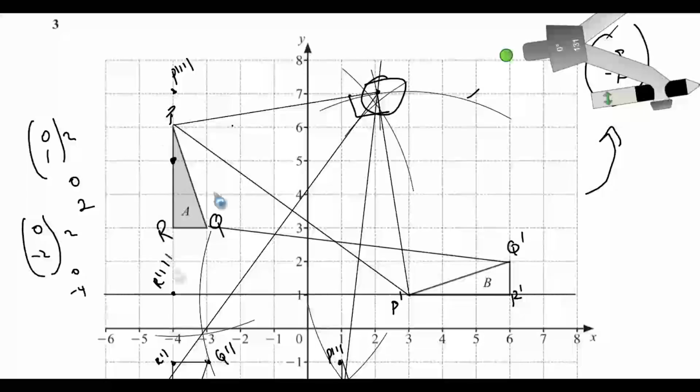So for point Q, x equals 1, okay, then y equals 1, 2, that is minus 2. So you have 1 against minus 2. If you multiply by the scale factor of 2, that will be 2 against minus 4. From the center of enlargement, 2 will be 1, 2. Then minus 4 will be downward 4 times. 1, 2, 3, 4. So it will be here. This will be Q prime.